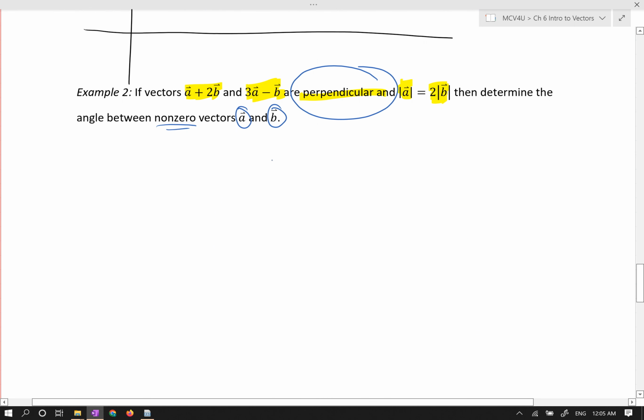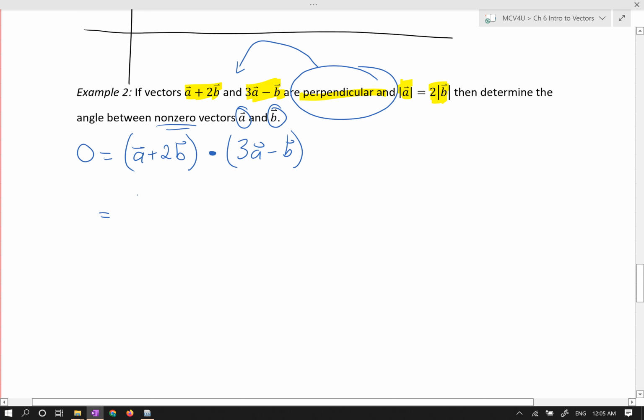So our dot product between what? We need to be careful, not between a and b, but between these two resultant vectors. So vector a plus 2b, that's one vector, dot product with 3a minus b is equal to 0.